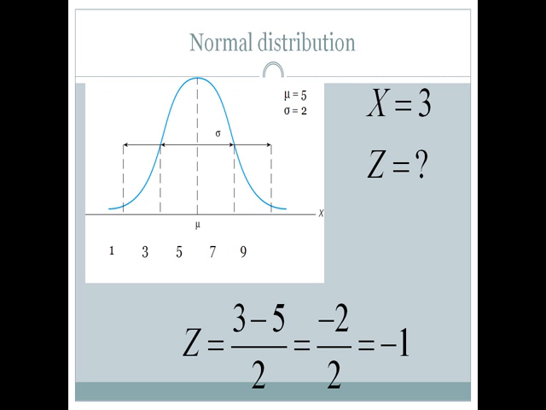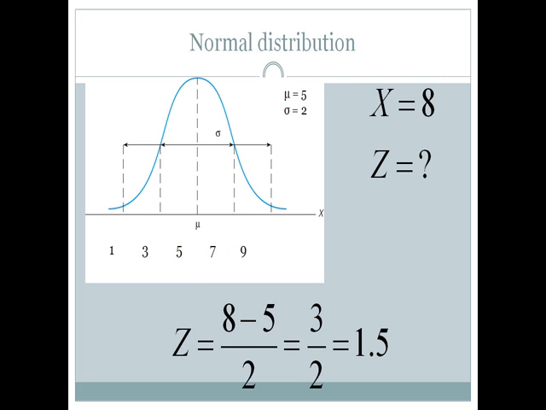Okay. Going through another example, if we have a raw score of 8, we just plug that into the formula and get a z-score of 1.5. Like in this example, a z-score of 1.5 tells us that the raw score of 8 is 1.5 standard deviations above the mean.